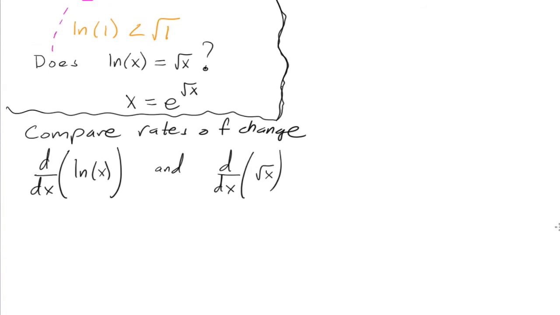So what's the derivative of ln of x? This is 1 over x, and the derivative of root x is 1 over 2 root x.